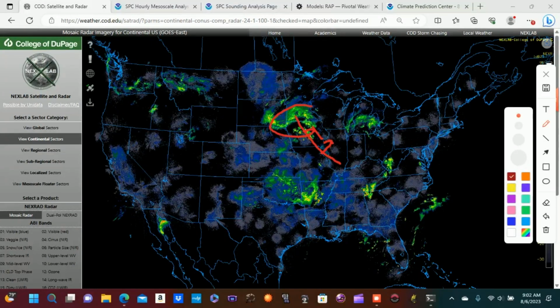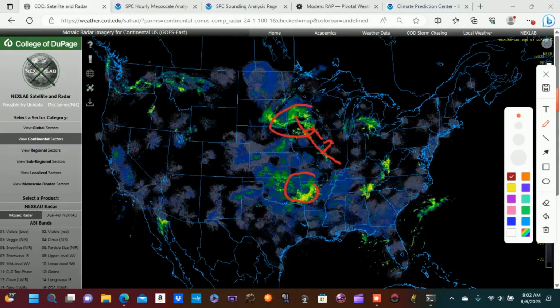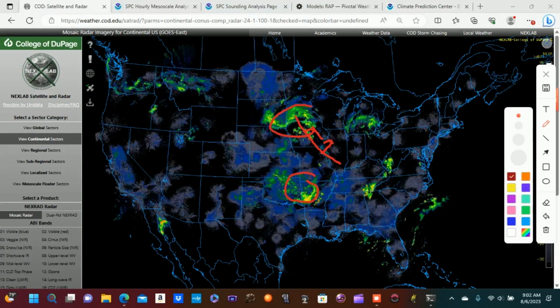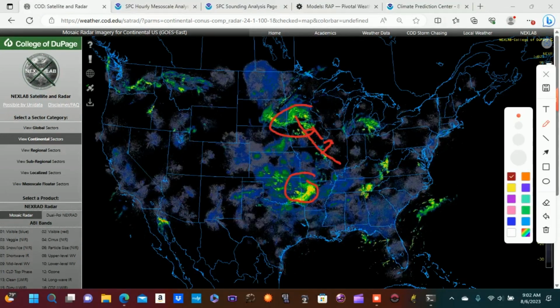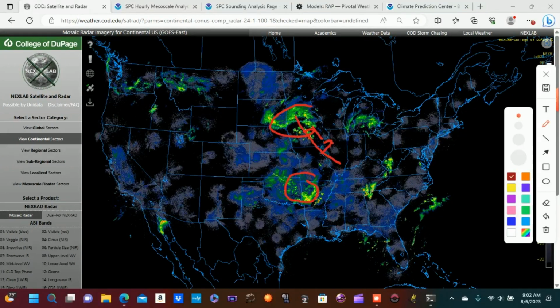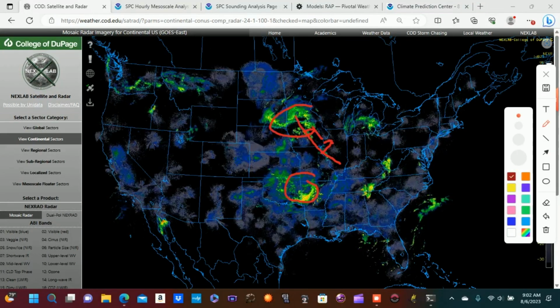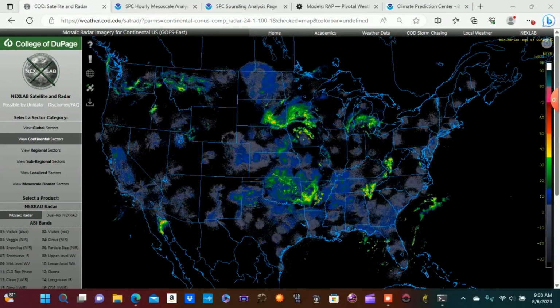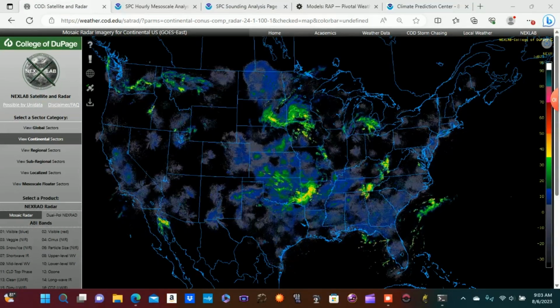And then also want to draw your attention to this batch of decaying showers and storms across Oklahoma and Arkansas. That's going to leave behind a remnant outflow boundary, which will serve as additional focus for thunderstorms later today that are going to track through parts of the Mid-South and the Tennessee valleys this afternoon.